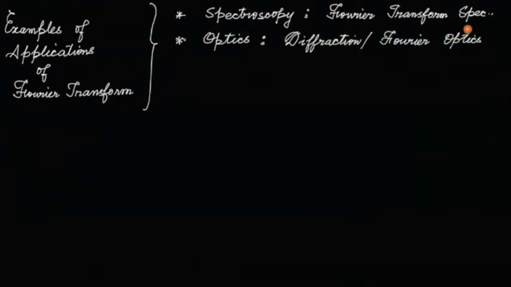Okay. And then there is another place where Fourier transform is used extensively, which is image processing, which is related to what I have written in optics, but this itself is a huge area and huge industry. So let me write that separately.